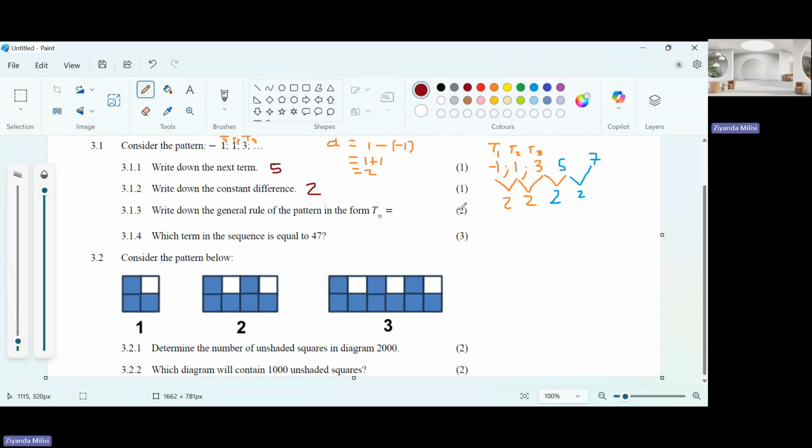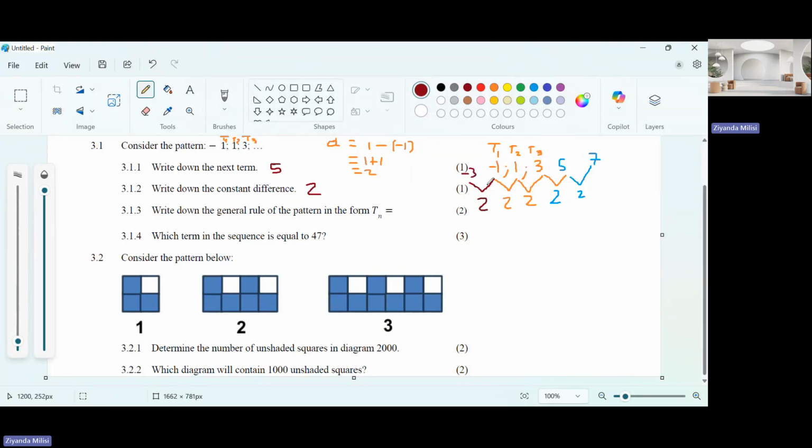You know when you are going to work out the general rule, you will also need the term that comes before the first one. Remember what number was here where you added 2 and you got -1. What number could that be? If you put 0 here, it is less than 0, so the next number is -2, then -3. Can you see that? It's -3.